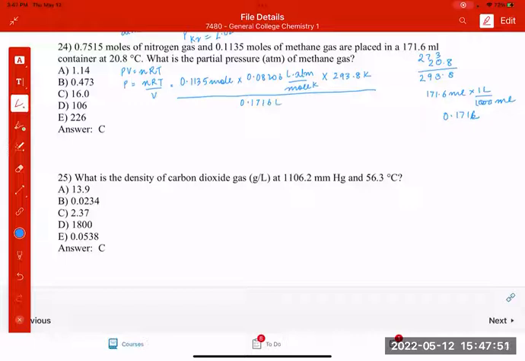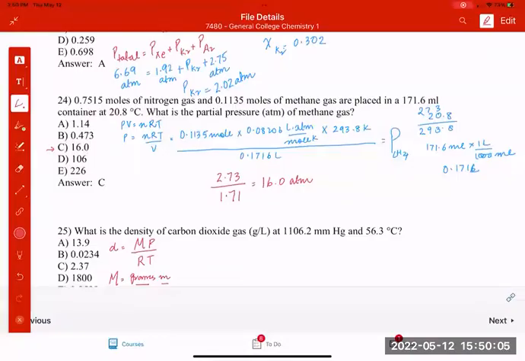Okay, so do this, and that should give you the partial pressure of methane gas. So the answer to that is 16 ATM.